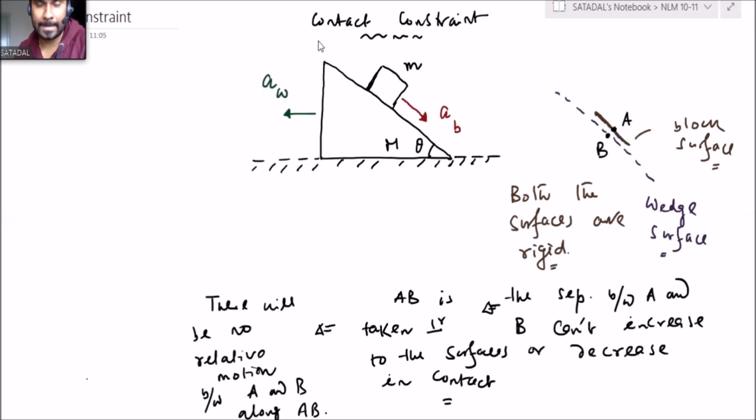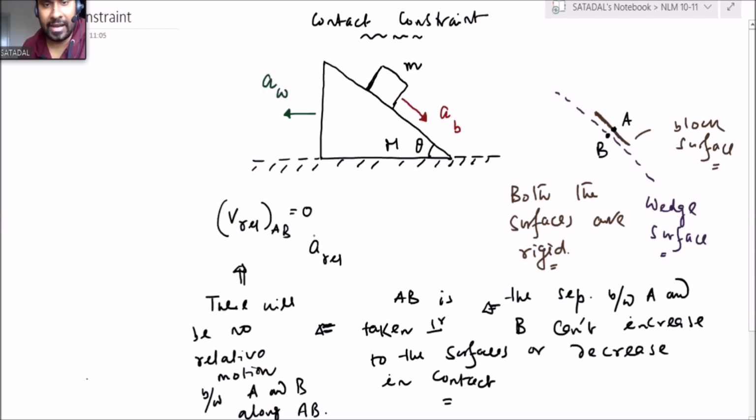Akash, tell me. Sir, relative velocity will be 0, no sir? There will be no relative motion. Relative velocity is 0. Relative acceleration is also equal to 0. Okay, sir. Understood now this point? Clear to everyone? Correct? And all these things are happening because they are rigid surfaces. So from here, V relative along AB is equal to 0.